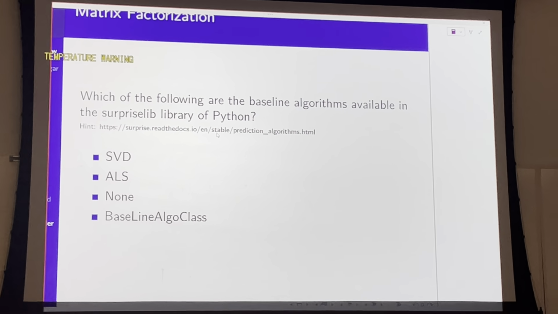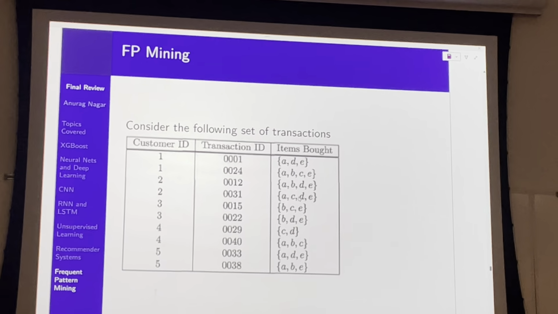In frequent pattern mining, you have to understand some basic questions that can be asked about support and confidence. There will be very simple questions on support and confidence of rules. Support simply means the frequency. For example, I can give you this data. There are transactions and each transaction has certain items that people have bought.